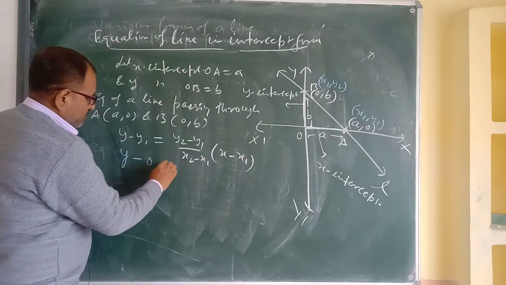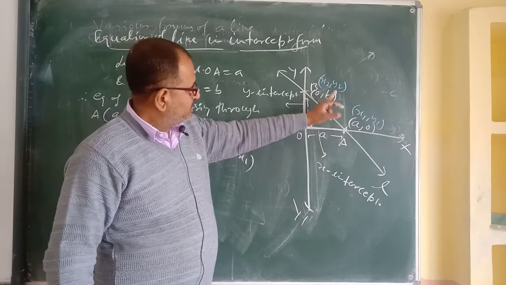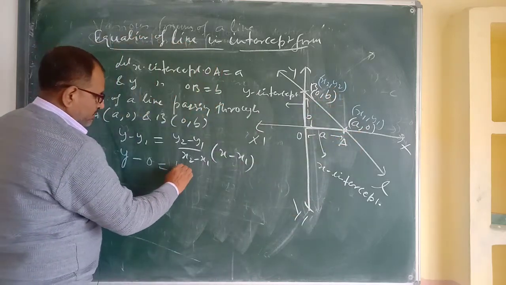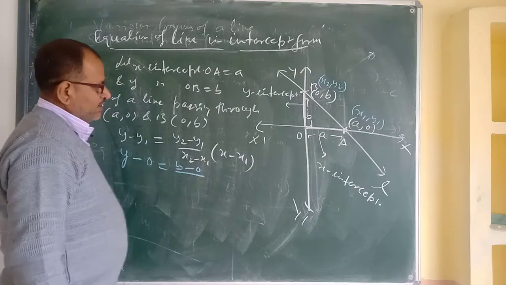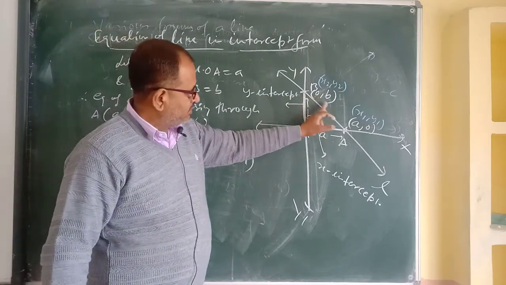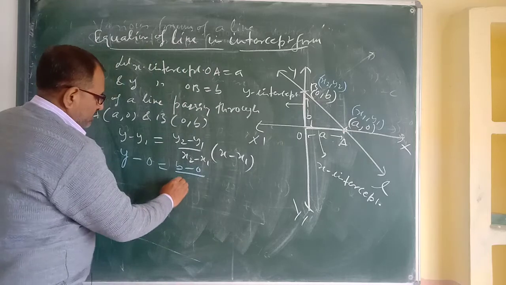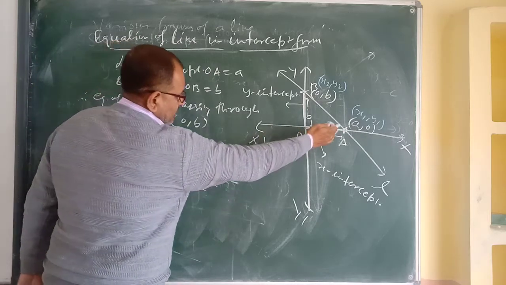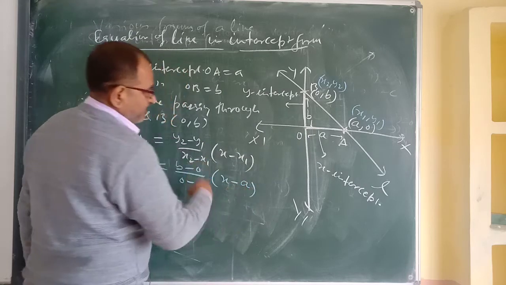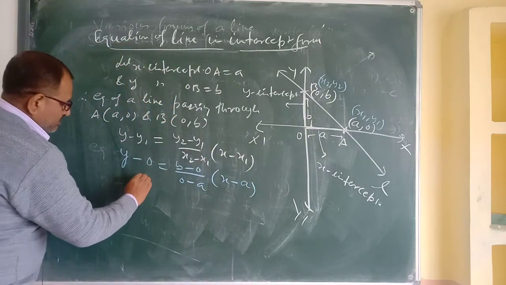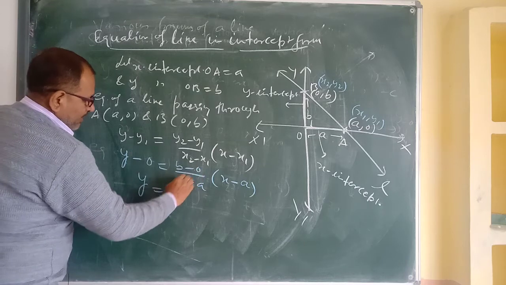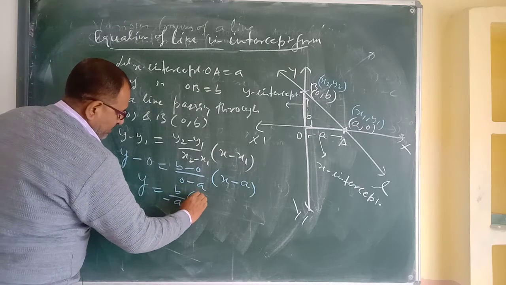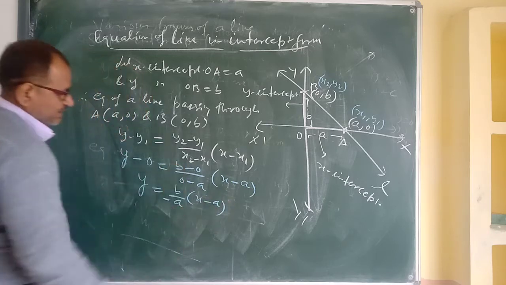So y minus 0 is equal to y2 minus y1, y2 is b, y1 is 0, so b minus 0, upon x2 minus x1, x2 is 0, x1 is a, so 0 minus a, times x minus x1, x1 is a. y minus 0 is y, equal to b minus 0, b upon minus a, in bracket x minus a.